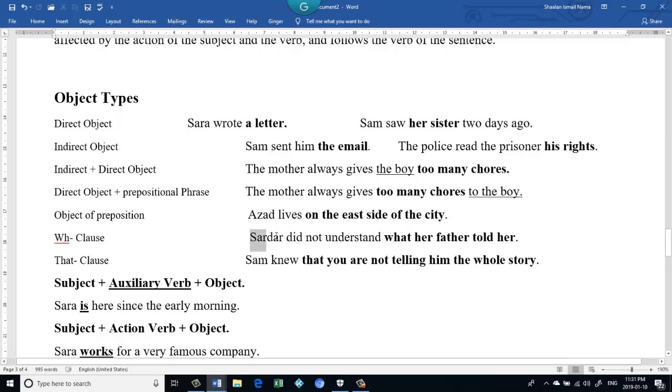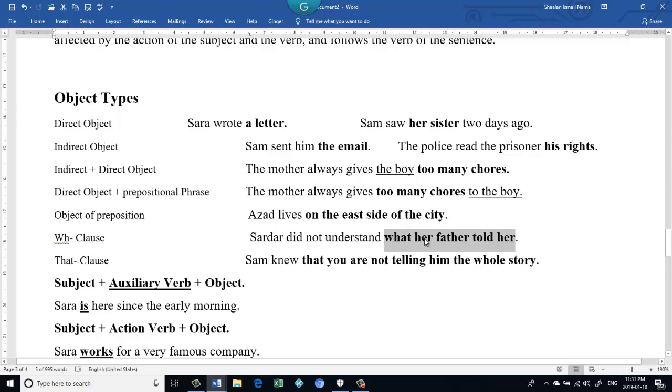For example, Sardar did not understand what her father told her. Here we have Sardar as the subject, did not is the auxiliary verb, then we have the main verb understand, then we have what her father told her, which is the clause of a WH question.